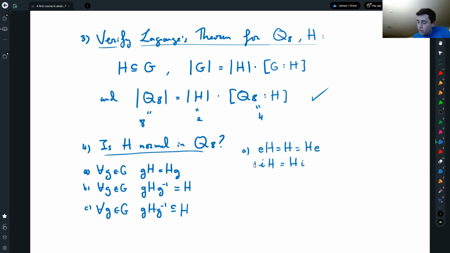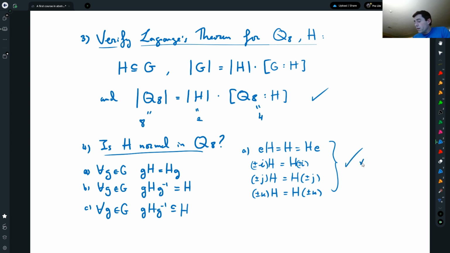In fact, if this was plus or minus I still get that the right cosets coincide, the right cosets with J coincide with the left cosets, and the left cosets with K coincide with the right cosets. So because of all this, that is for every element of G, we do get the equality of left cosets and right cosets. Yes, it is normal.